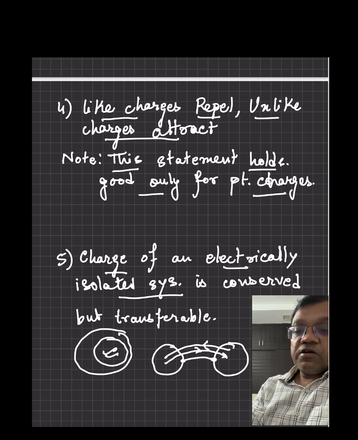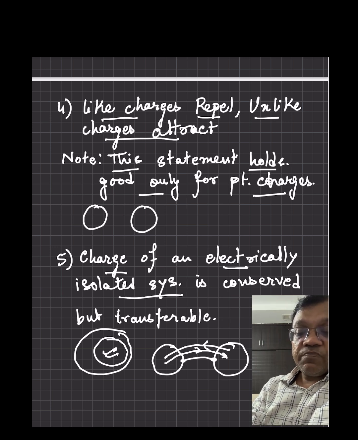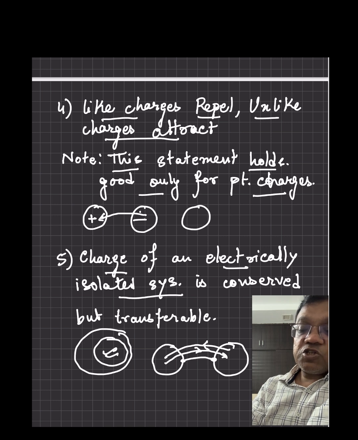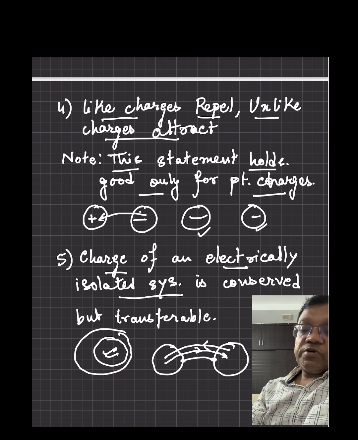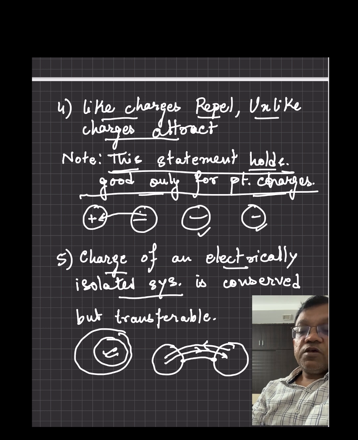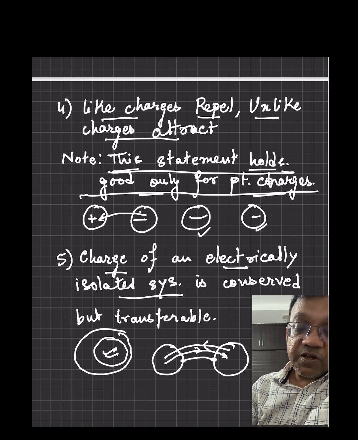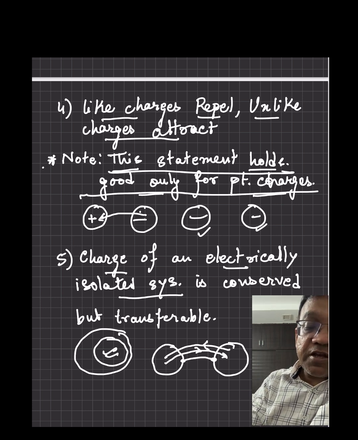Because in electrostatic induction, if we have an extended object, then even like charged objects can attract each other if their charges are very different from each other. That's why this statement holds good only for point charges, and it is a very, very important statement. You have to take care of it.